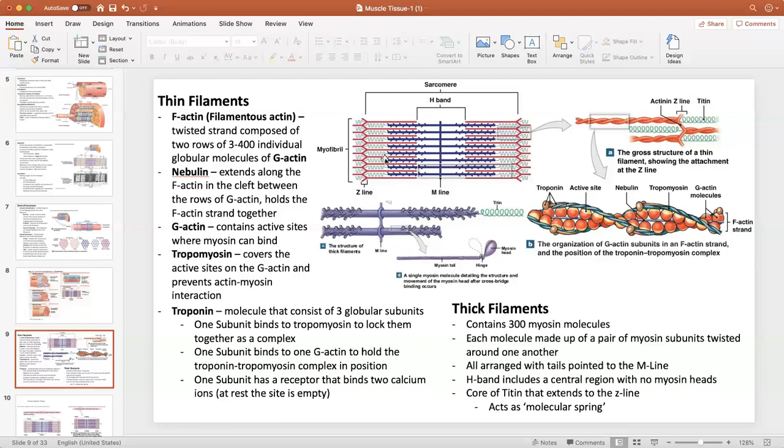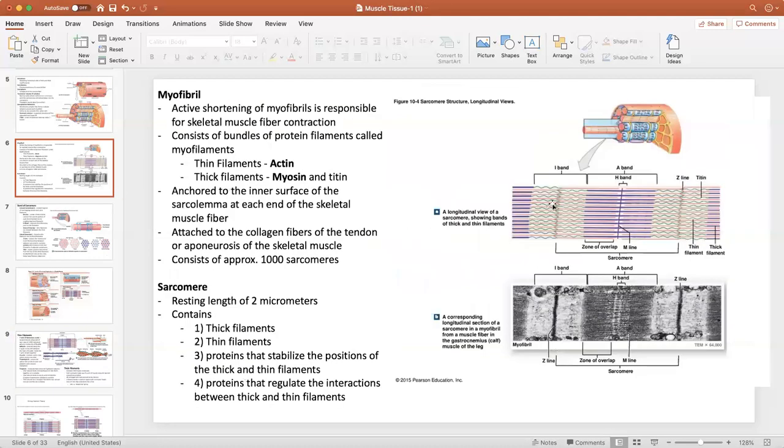What also gets shorter is this area where there are no thick filaments, only thin filaments, the I band. This gets shorter as well during contraction.